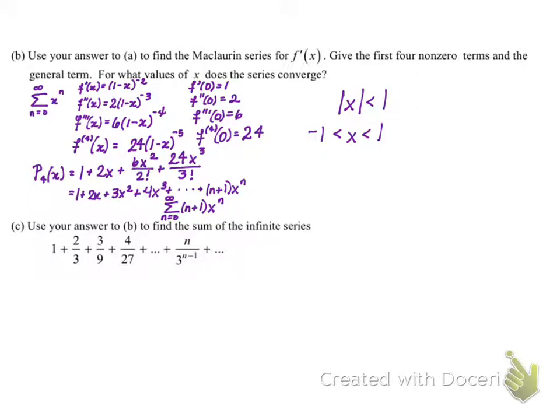When x is -1, your values are simply going to vacillate between -1 and 0. And when x is 1, you're just going to end up with a crazy growing series. So this actually is your interval of convergence right here, and I gave the first 4 non-zero terms and the general term.